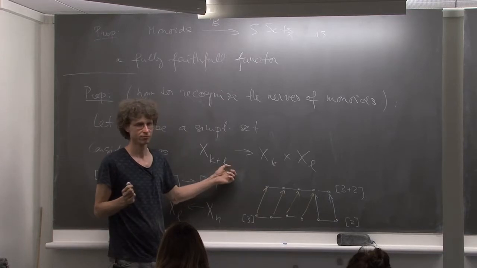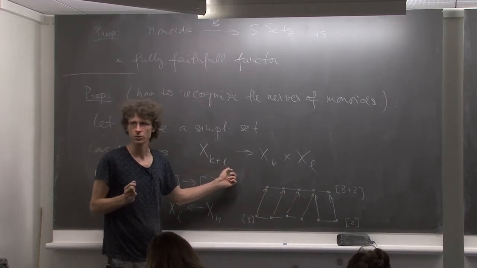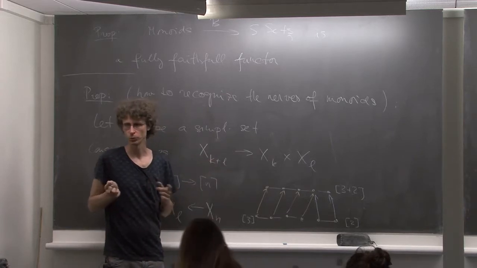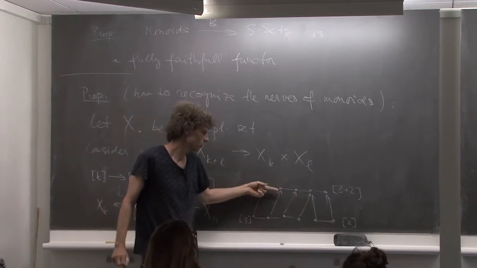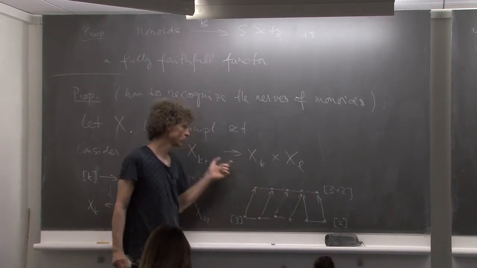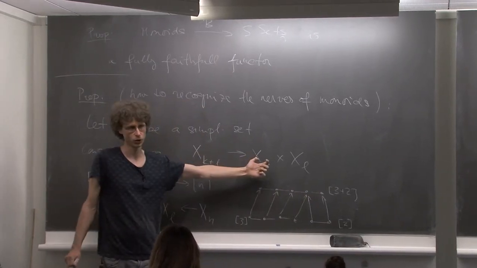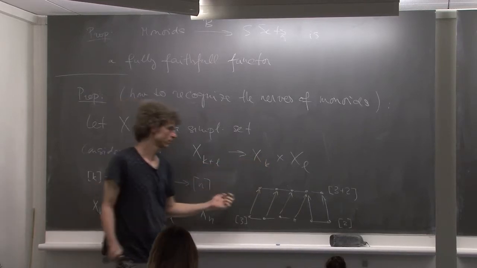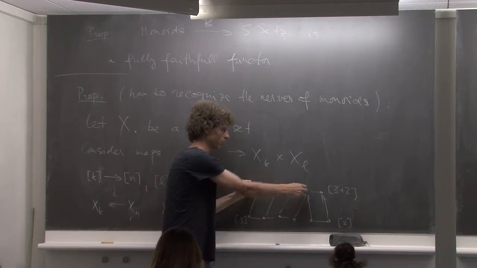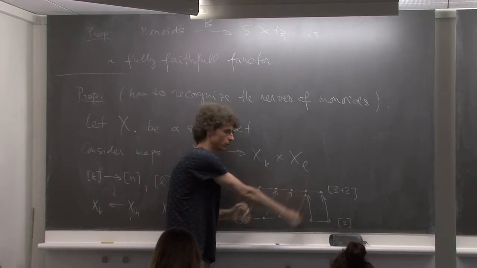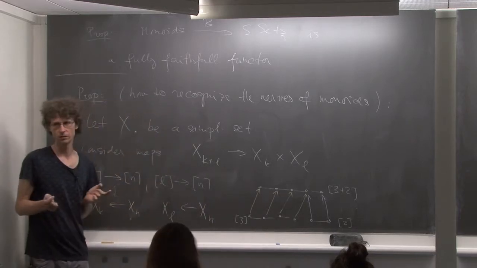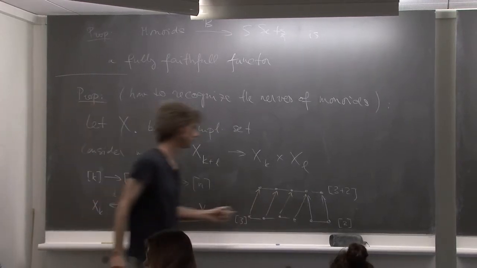Now, as you can imagine, if X is actually the nerve of a monoid, then for each edge you have a copy of M. So this map is actually a bijection, because we simply remember the first part, then the second part. And the proposition says that it's actually if and only if.